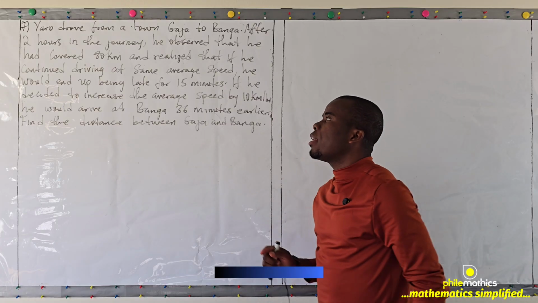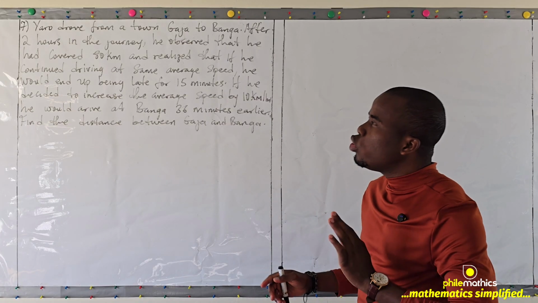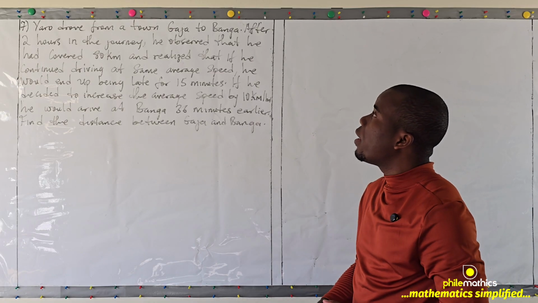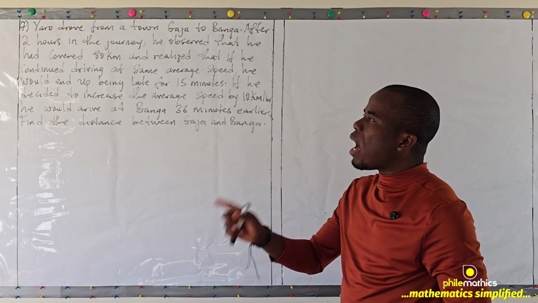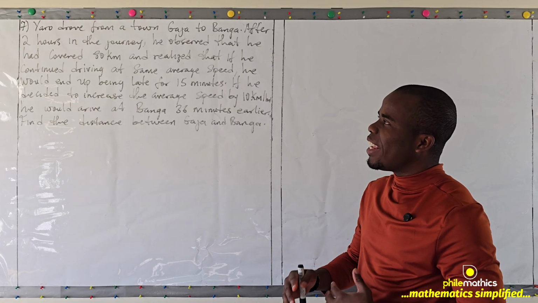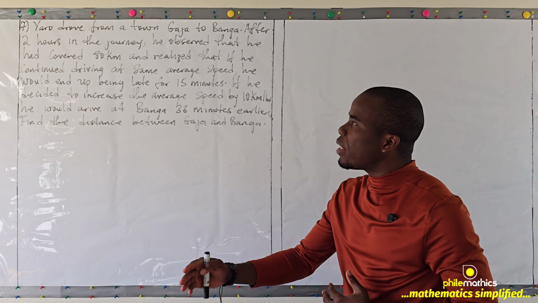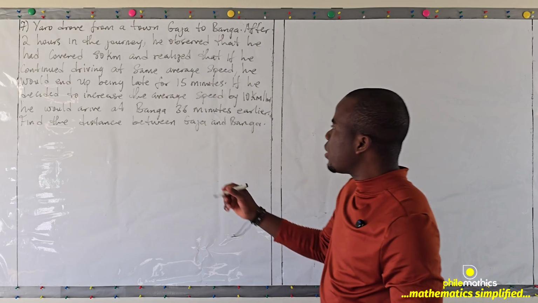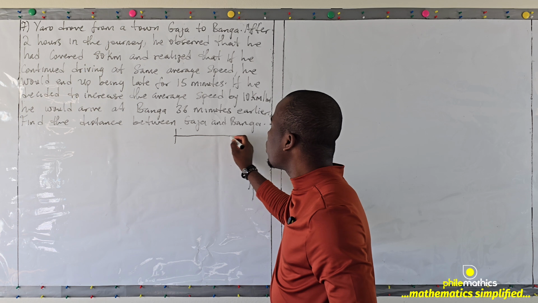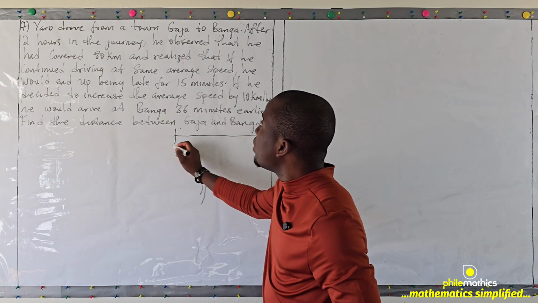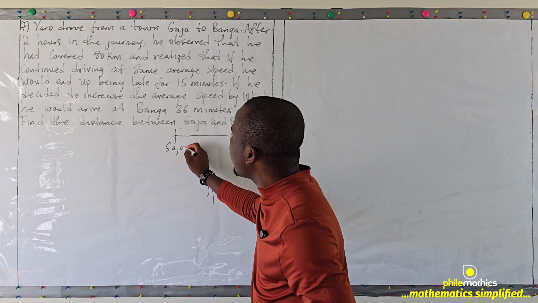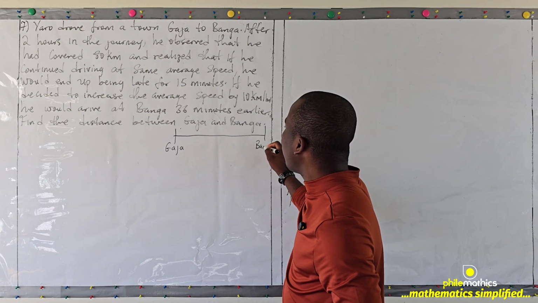Question 7 of WAEC 2025 mathematics theory is an interesting question on distance, speed, and time. And it says, Yaro drove from a town, Gaja, to Banga. After 2 hours in the journey, he observed that he had covered 80 kilometers. Now, let's sketch that. So, this is Gaja and this is Banga.